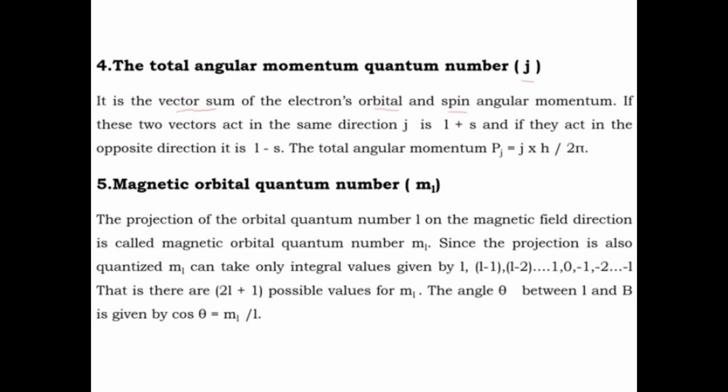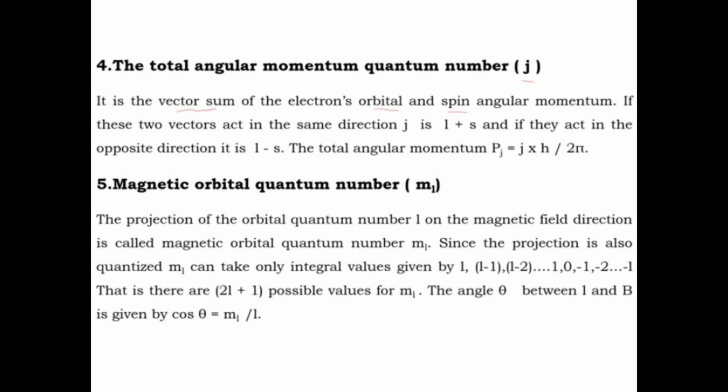The vector sum of the electron's orbital and spin angular momentum: if these two act in the same direction, J is L plus S, and if they act in the opposite direction it is L minus S. The total angular momentum is Pj is equal to J h by 2 pi.